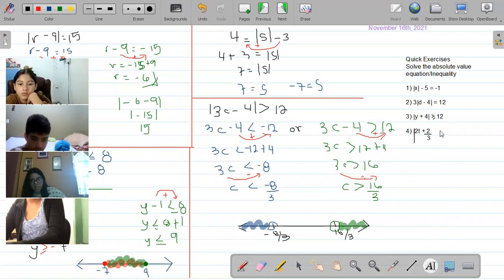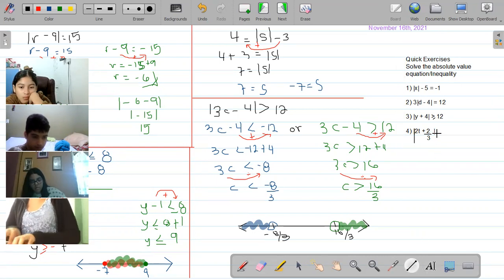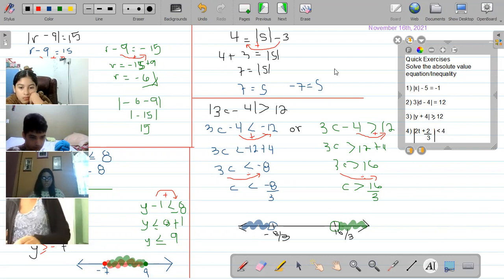So you know that it includes the number, okay? So let me place it over here. It includes the 2/3, okay? 2t plus 2/3 inside the absolute value, less than 4. And that is the quick exercise that you are going to be solving right now.